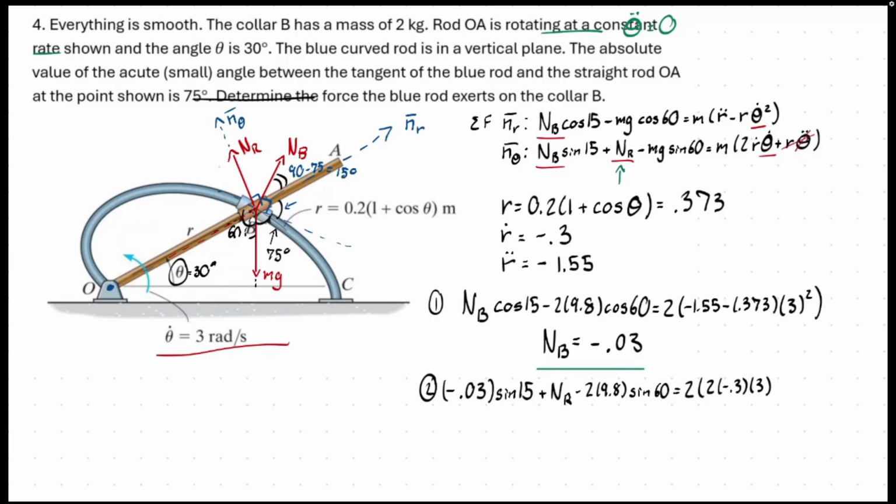And then this is plus r times theta double dot, but we already said theta double dot was 0, so we're just going to ignore this term. We don't need it. And then this is just one equation, one variable. We can solve for NR. Let me plug it into a calculator real quick. And I'm getting 13.4. So that's our second answer if, let's say, the question was asking for the NR. So those are our two answers for this.